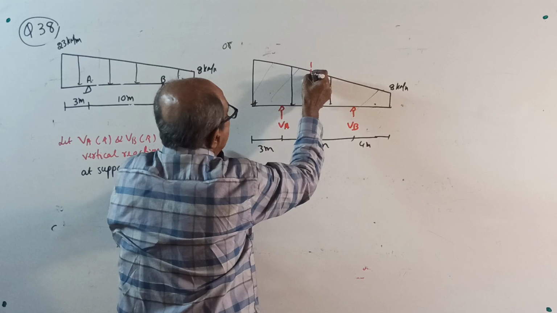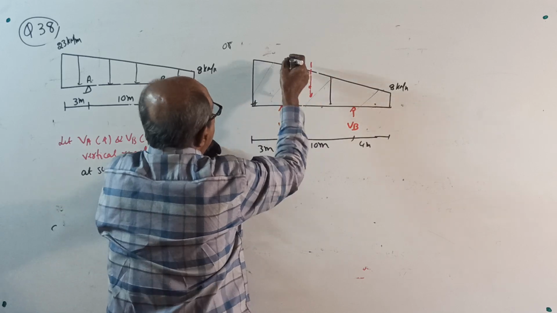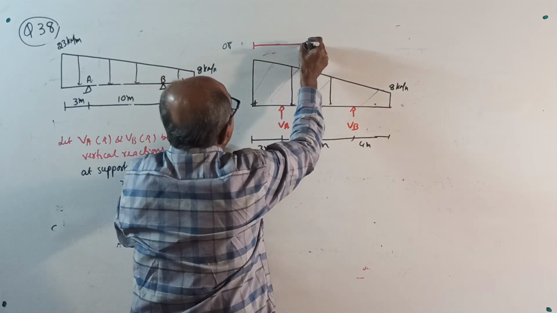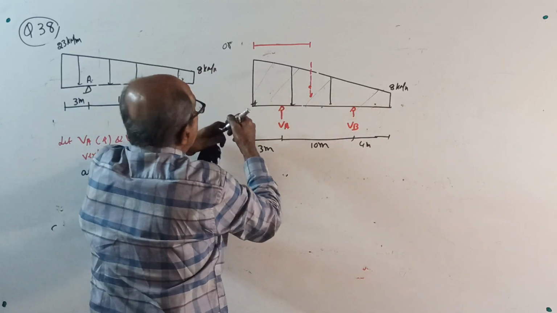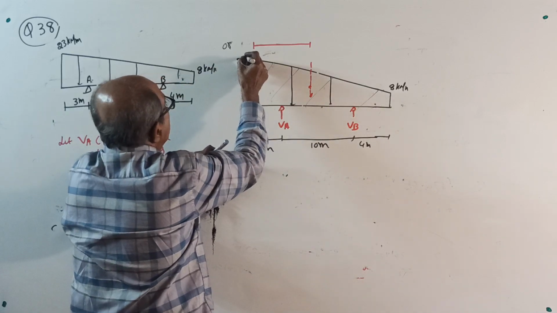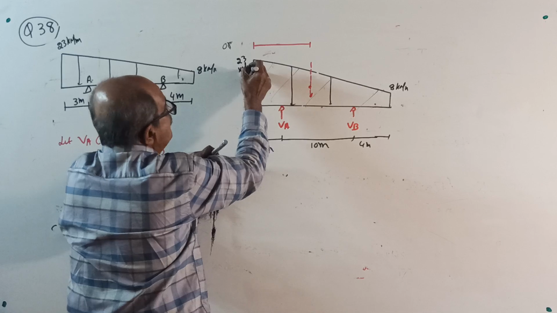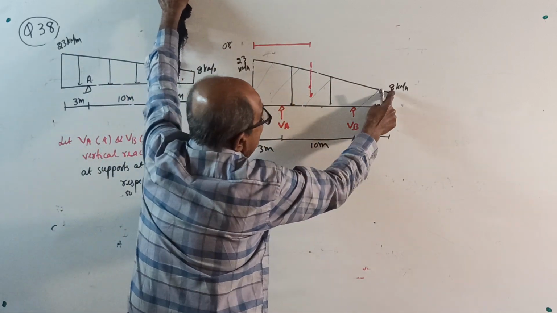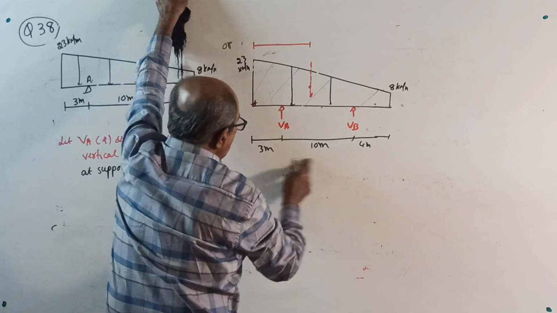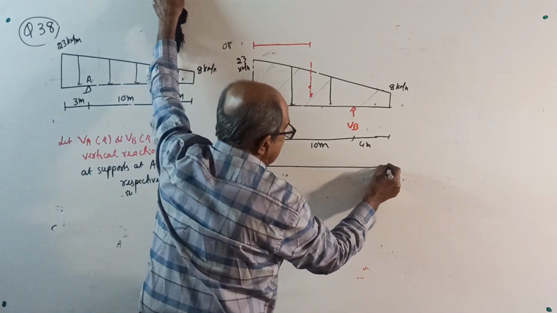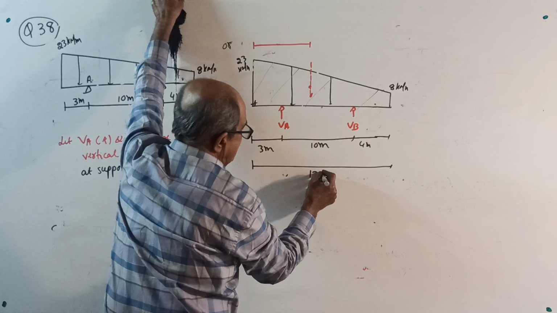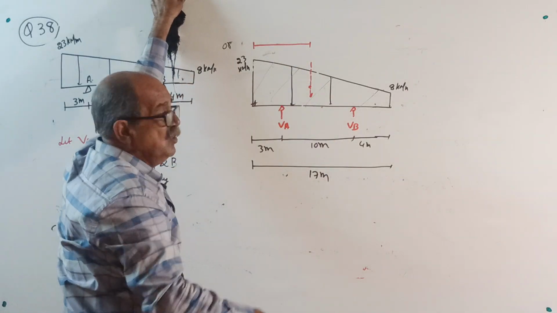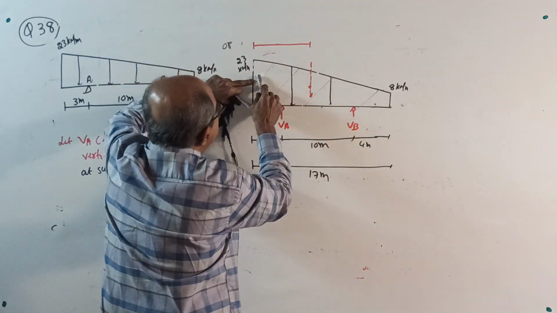The distance from here, you should write, I am not writing now, 23 kN per meter. Total load equals 23 plus 8 divided by 2 into the full length, 17 meter. Into 17 is the total load, into this distance we want.